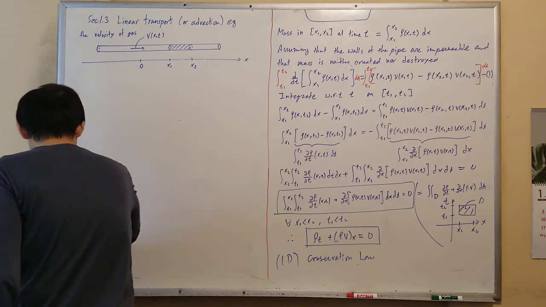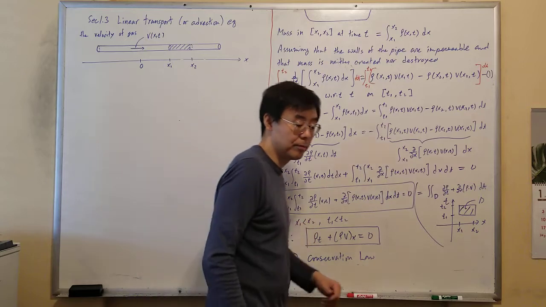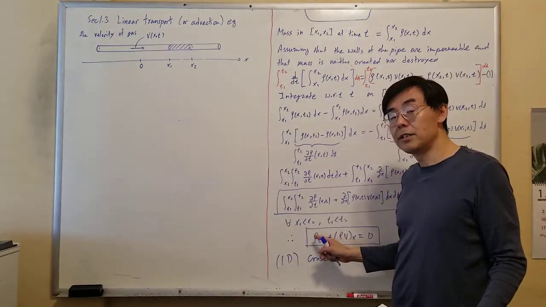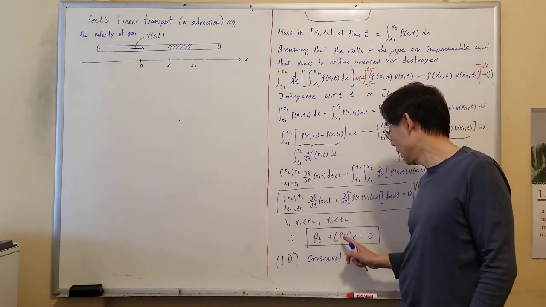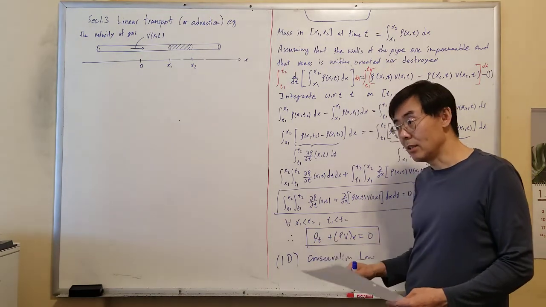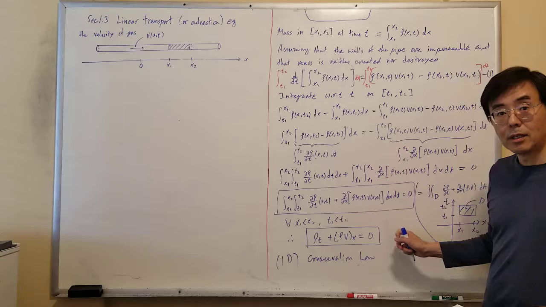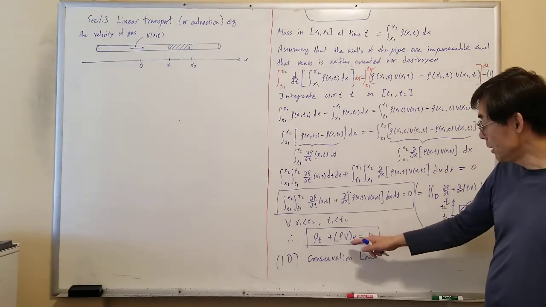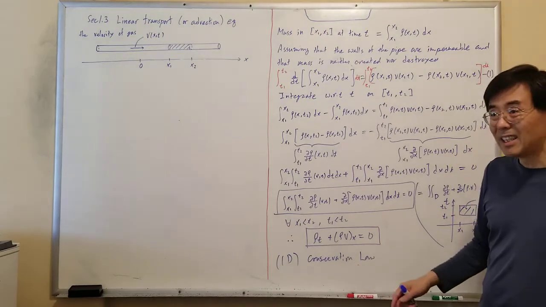So it involves two unknowns, right? The linear density function of x and t, and the velocity function of x and t. So of course you cannot solve this when both are involved. You need more PDEs together with this.